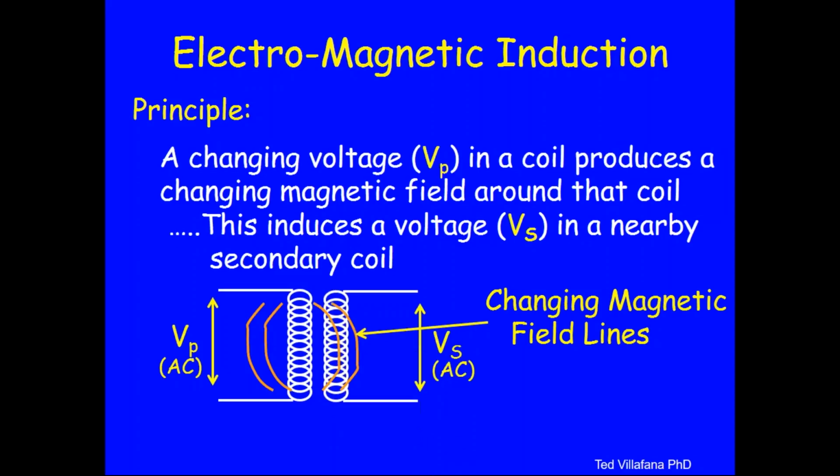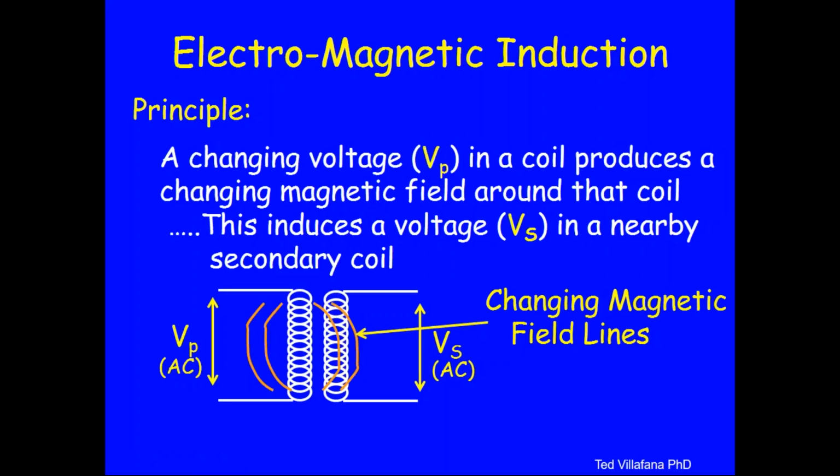And now we put another coil, a secondary coil, given by the letter S, nearby, so that the changing magnetic field of the first coil, the primary coil, cuts across the secondary coil. And now electromagnetic induction. Magnetic fields produce electricity.